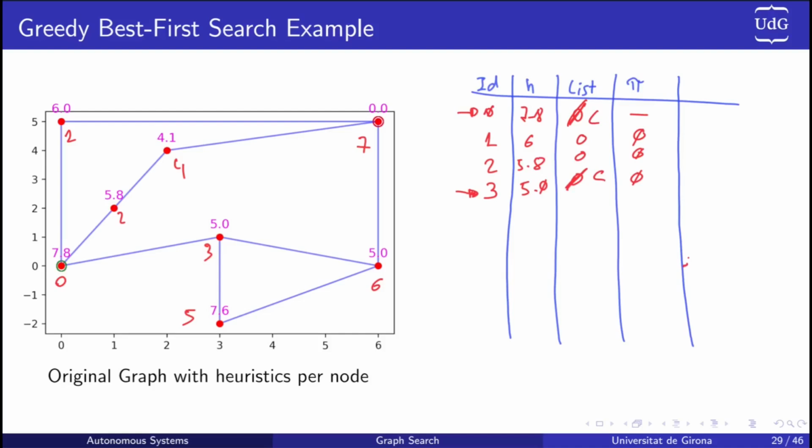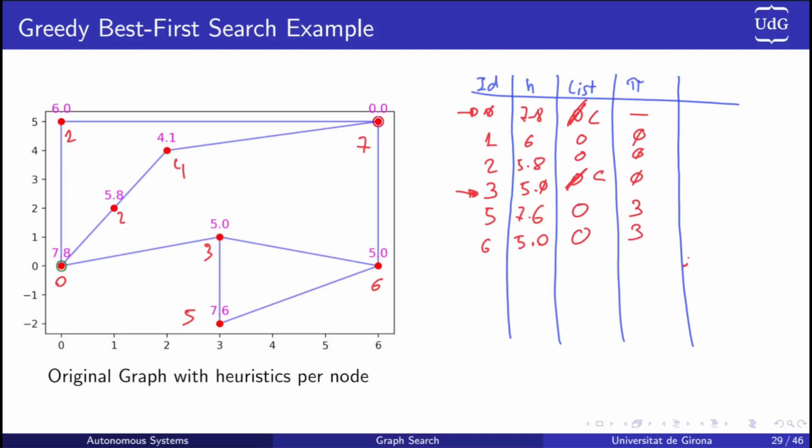For each neighbor of 3 not already in the open or closed list, 0 no, but 5 and 6 yes. I put here their heuristics: 7.6 for 5 and 5.0 for 6. These are all in the open list, and their parent is 3.